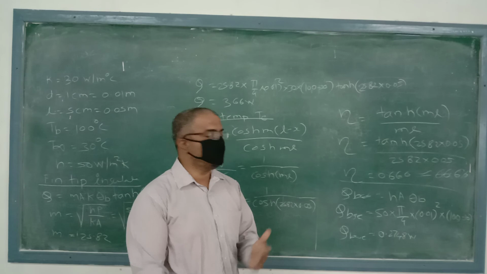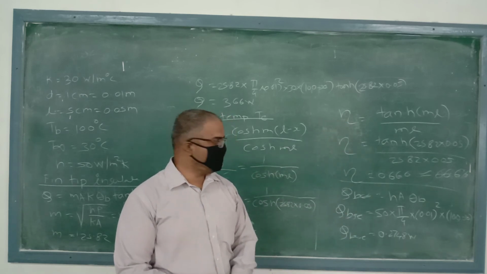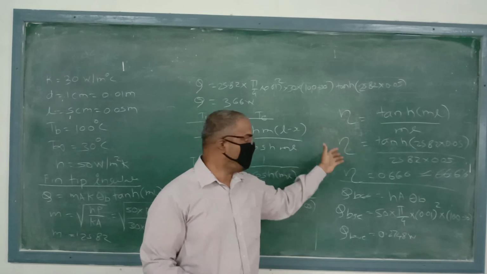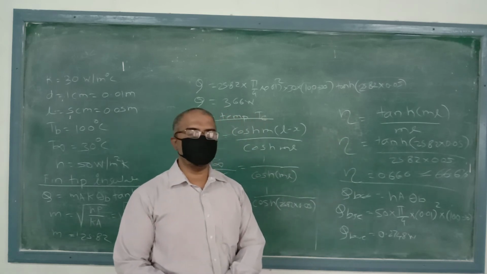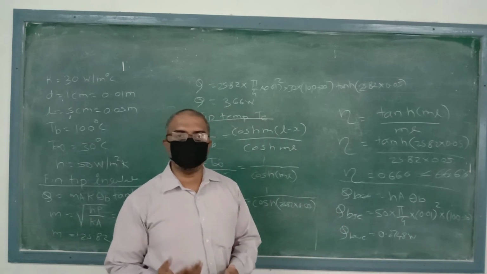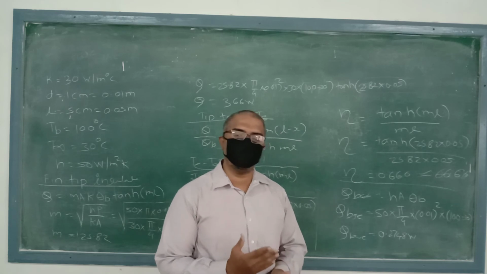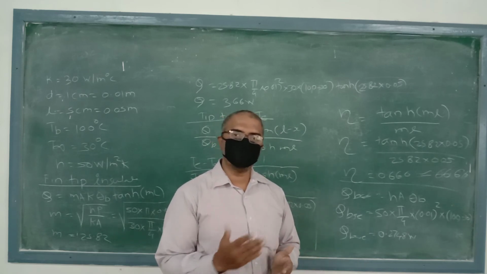Next we have calculated efficiency. Again the same formula, tan hyperbolic ml upon ml. In this formula we have substituted the values, and we get efficiency 66.66%. Next they are asking you to find out how much heat is transferred from the fin base to the fin.